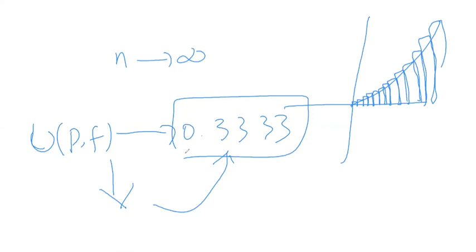Correspondingly, one will increase and one will decrease. Lower Riemann sums increase and upper Riemann sums decrease as the number of subintervals increases, and ultimately they approach the standard value. So this is what the Riemann integral is. This is one example.